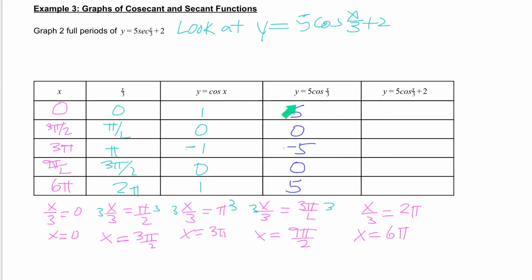So now we're going to take these numbers and add 2 to them. So 5 plus 2 is 7, 0 plus 2 is 2, -5 plus 2 is -3, 0 plus 2 again is 2, and 5 plus 2 will give me 7. These are the points that we're going to graph for our cosine.